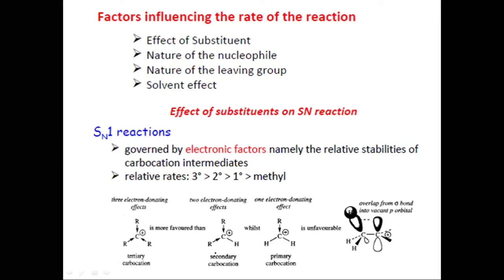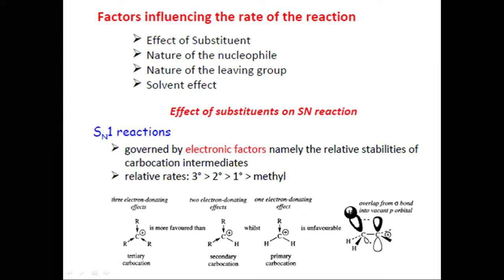Compared to the tertiary and secondary carbocations, the primary carbocation is quite less stable, and primary substrates generally won't proceed via the SN1 reaction. So you can expect SN1 reactions over tertiary and secondary carbocations, but not over the primary carbocation, and that's why the primary carbocation is unfavorable.